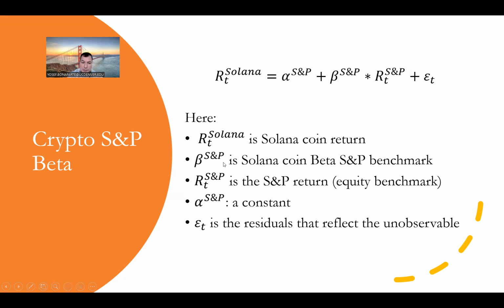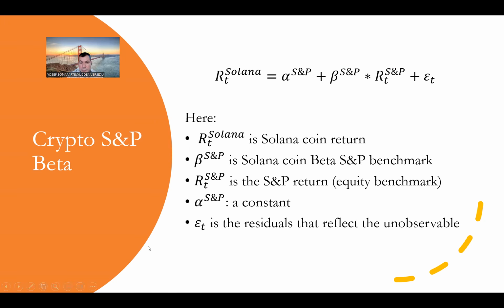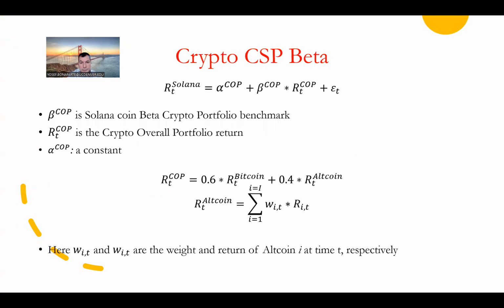We use monthly data. Beta S&P means Solana's beta for the S&P. R_t S&P is the S&P return. Alpha S&P means a constant. When we regress this model, it's a constant here. And epsilon t reflects the residual, the unobservable.